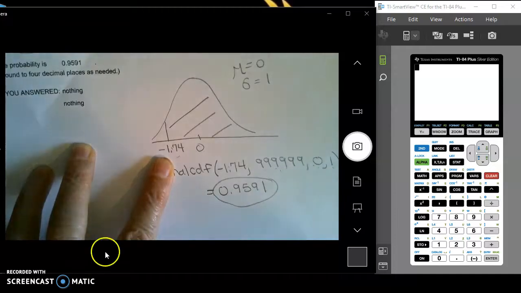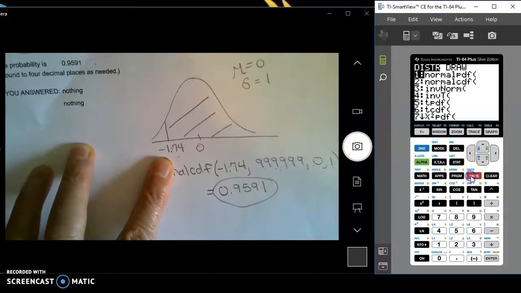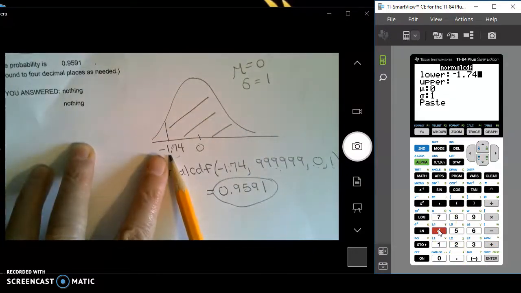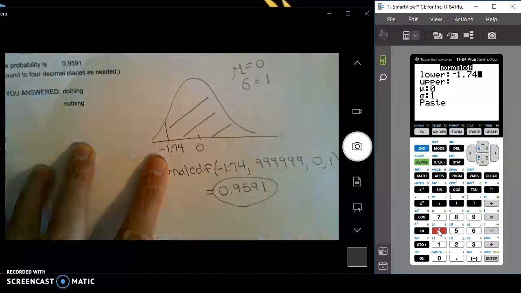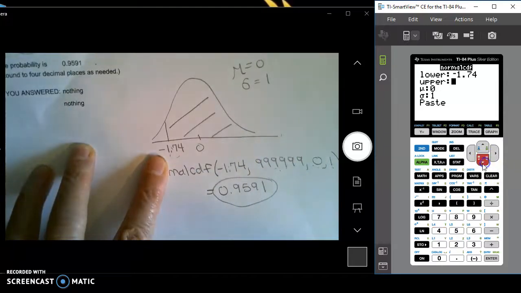So if I put this in my calculator over to the left here, I go under second distribution, normal CDF. The lower value is negative 1.74. That's the same thing as the left value. So just think your left or your low value, and then your high value. Again, since it goes on to infinity, you have two options.